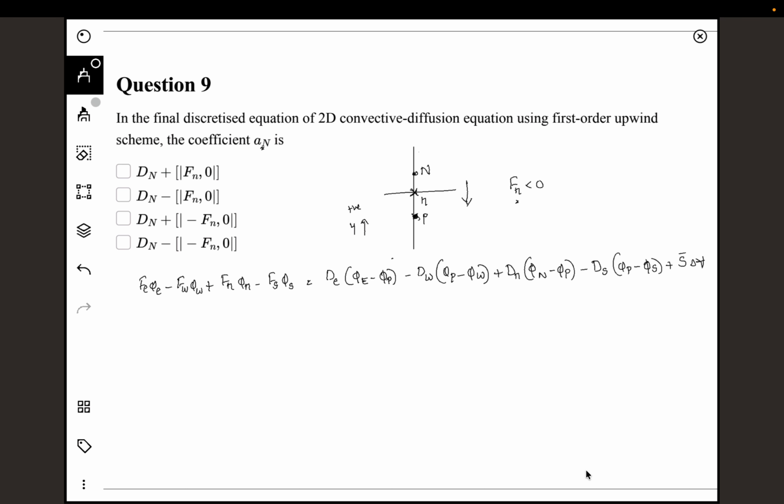In case of a 2D flow, this will be the flux because of advection, these will be the diffusion fluxes, and so on. Now we have to club the terms for phi N together. If we take the terms for phi N onto the RHS, then we have a Dn term here, and the phi N contribution will only come if Fn is negative. So Fn has to be negative, and that comes here. On the RHS it should be minus Fn, and because it has to be negative, I'm writing this as minus Fn minus. This is the term that will go in for the coefficient of aN.